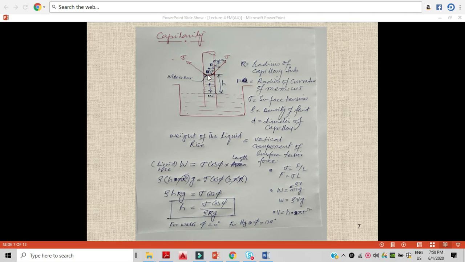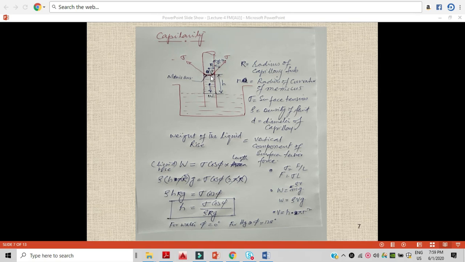The fluid lifted due to the capillary effect has a particular weight, that is basically the W. And this weight is held by the surface tension force, which is acting at the circumference of the inside of the tube.